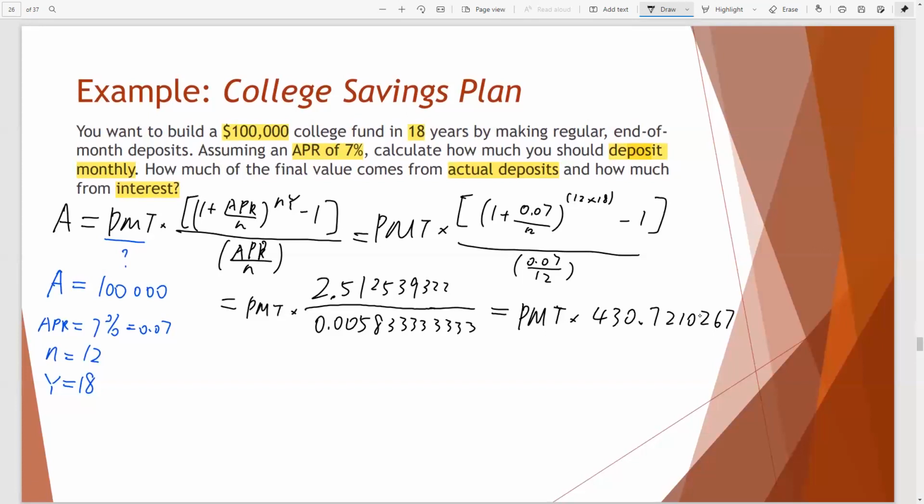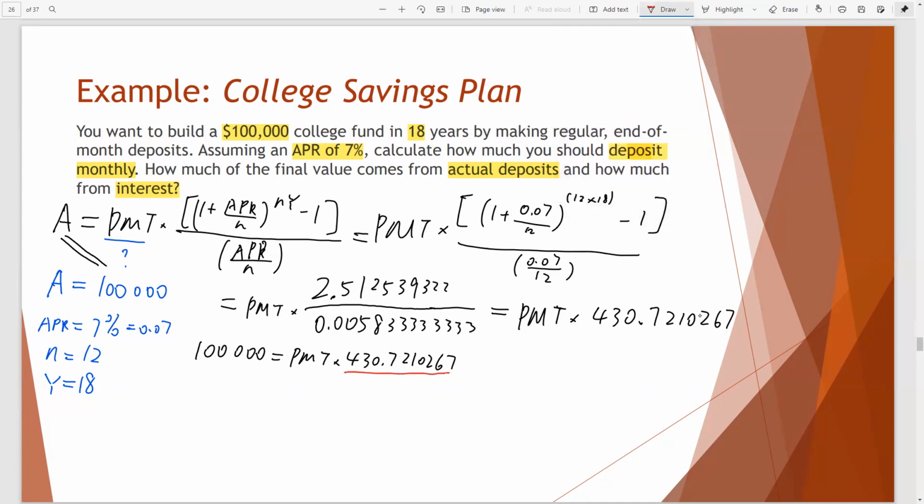Right. So accumulated value, we know that is what? That is 100,000, is payment times this 430.7210267.